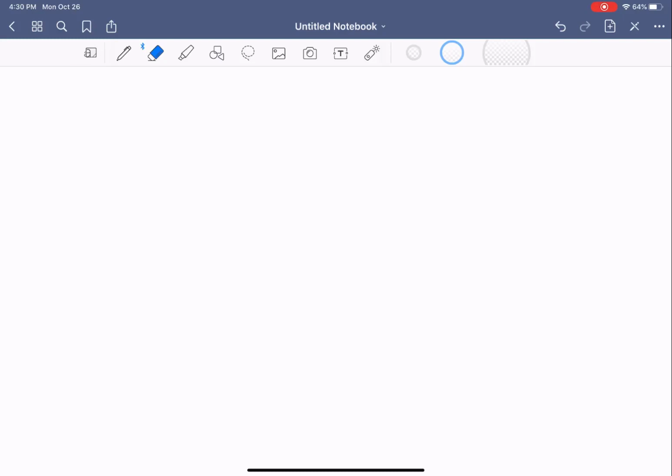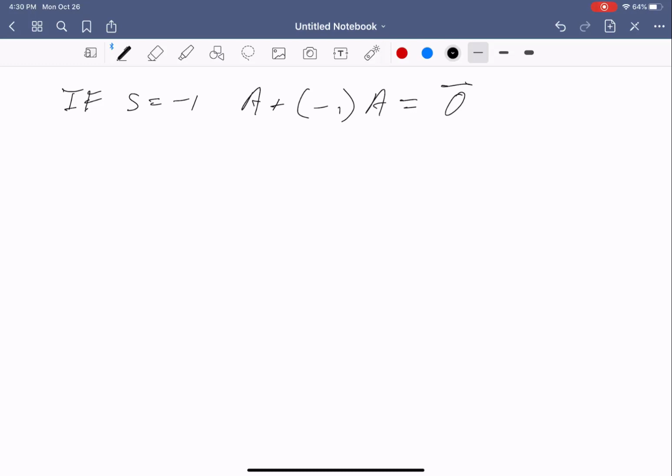So if the scalar s is equal to -1, then A plus -1 times A is equal to 0. All right, whatever the size of A is, if A is M by N, then this is M by N as well. So A plus A we can say is 2A.